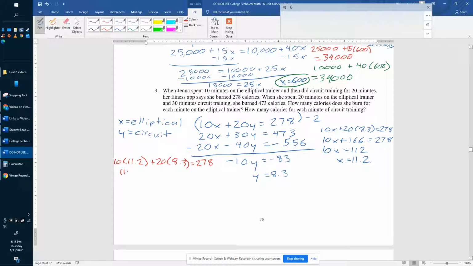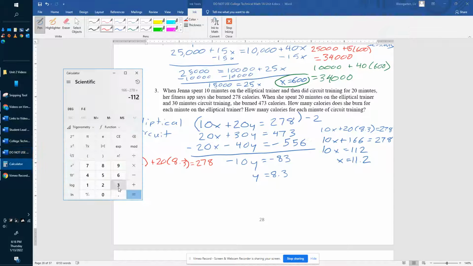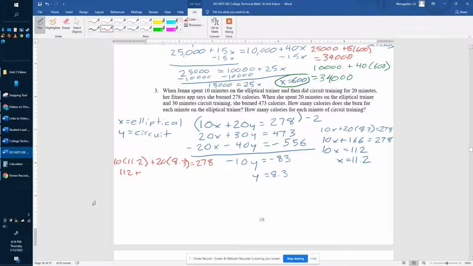So that's 112 plus 20 times 8.3 is 166 equals 278. 278 equals 278, so we're good on that first equation.